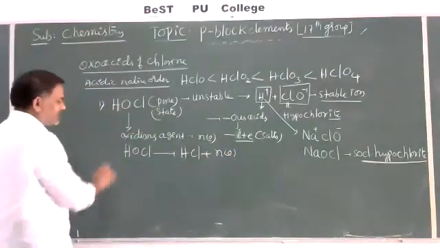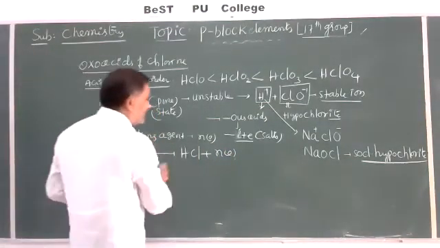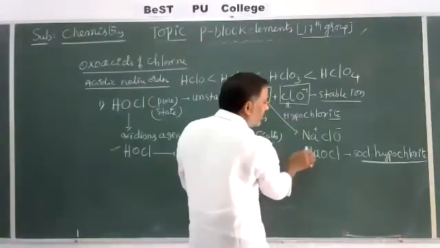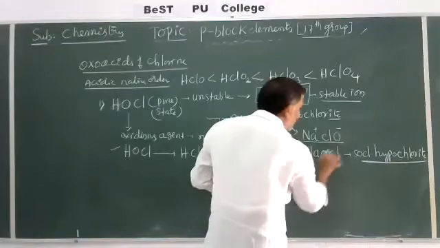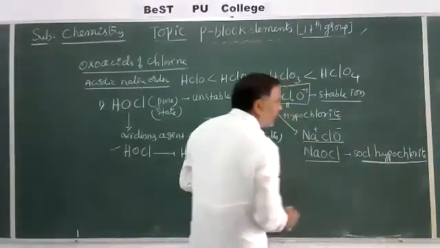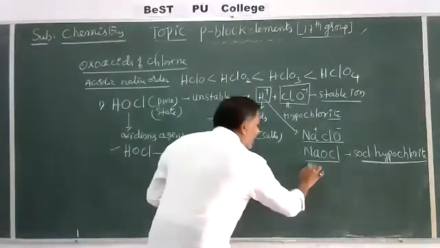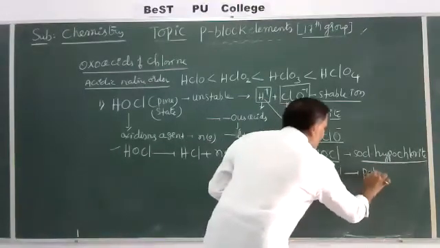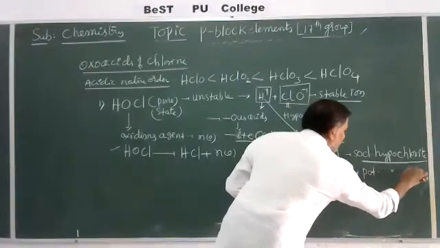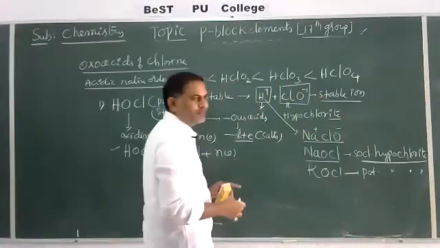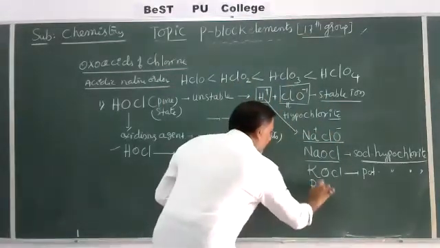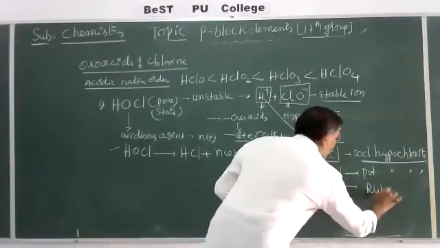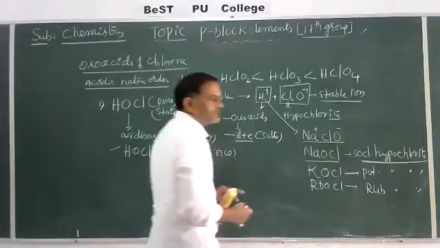Unstable, it acts as an oxidizing as well as a bleaching agent, but its ion is stable, like NaOCl, sodium hypochlorite. If it is potassium, KOCl, potassium hypochlorite. Here rubidium hypochlorite.